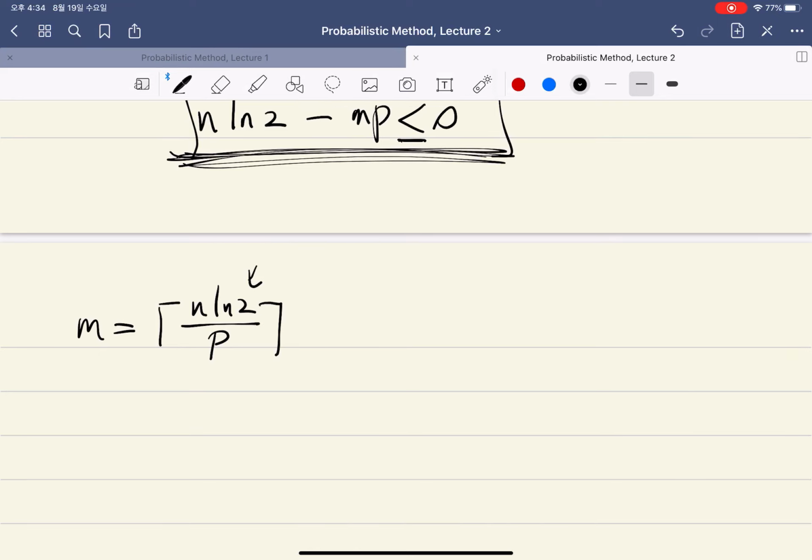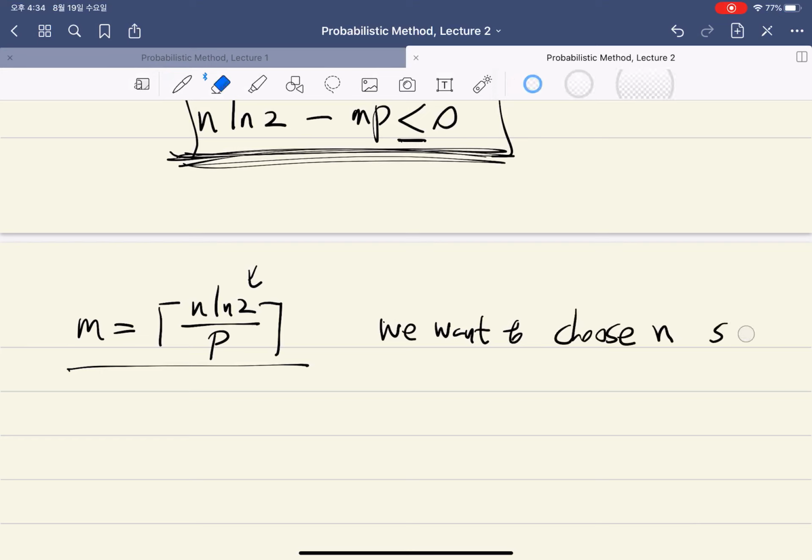So now we want to choose in this way, but what's n? We want to choose n so that n over p is minimized.